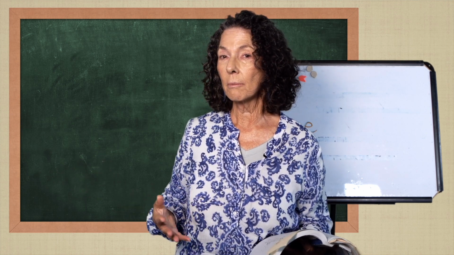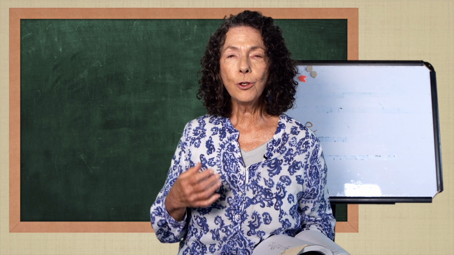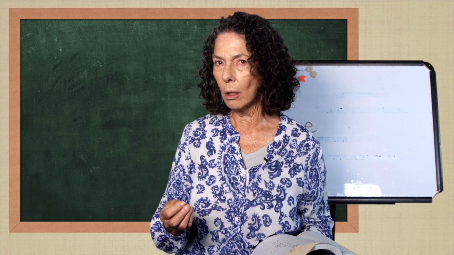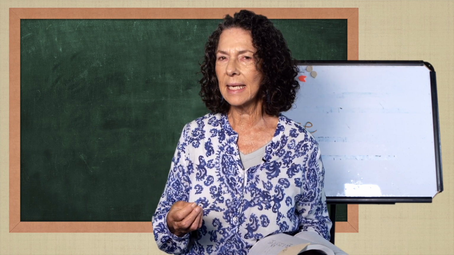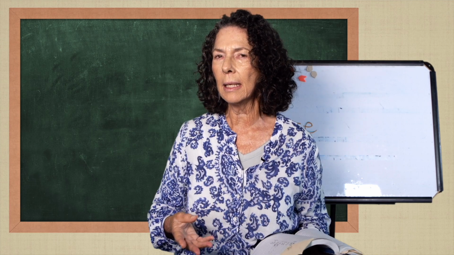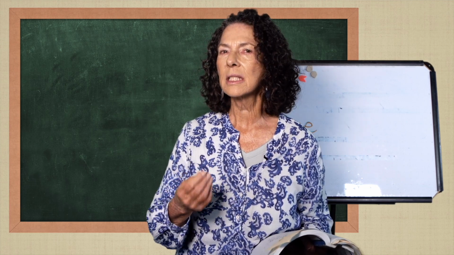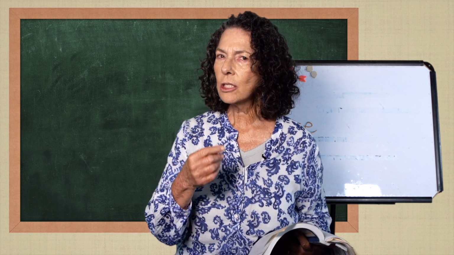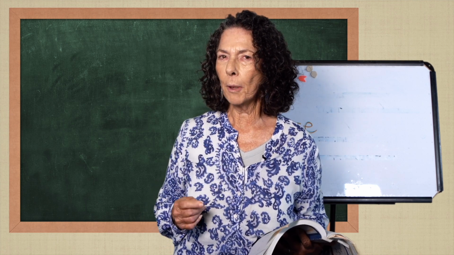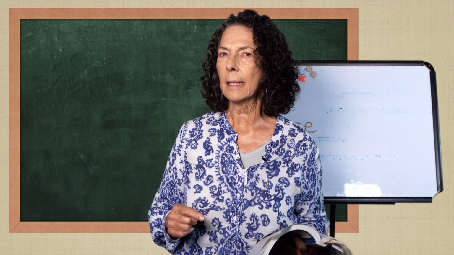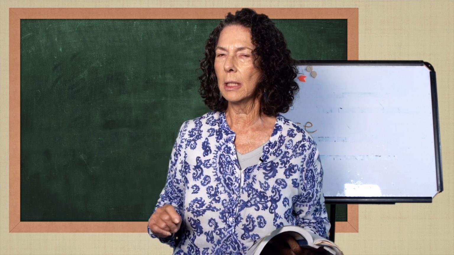So fudge, budge. If you have a vowel that's not saying its name in front of DGE, you're going to have a J sound. Let's try one on your piece of paper with the E before the DGE.